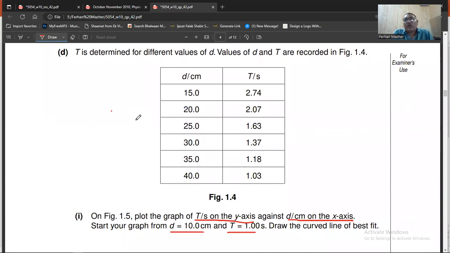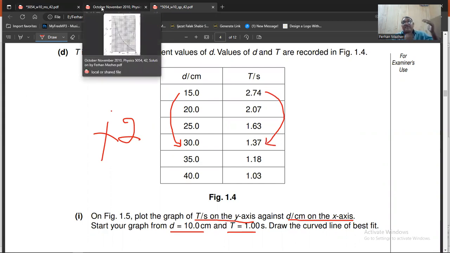If two quantities are inversely proportional, then if the D becomes double, the time period must become half. If one quantity doubles and the other becomes half, then they are inversely proportional to each other.